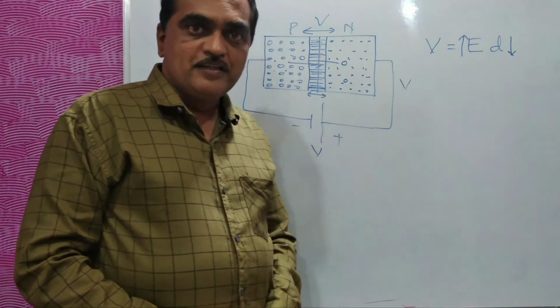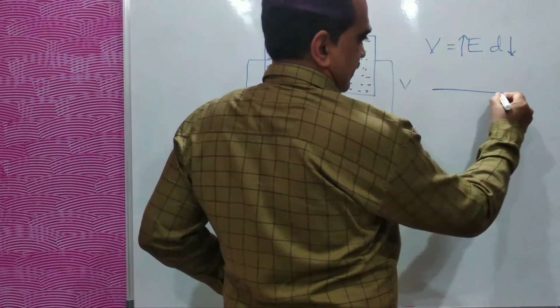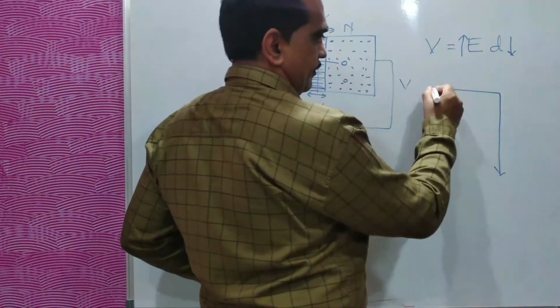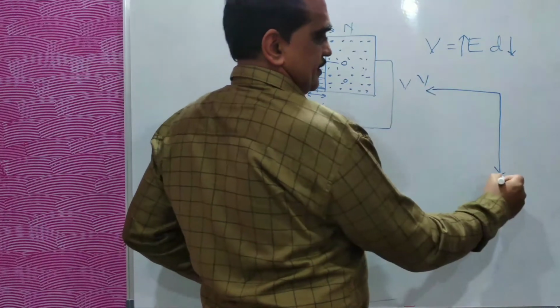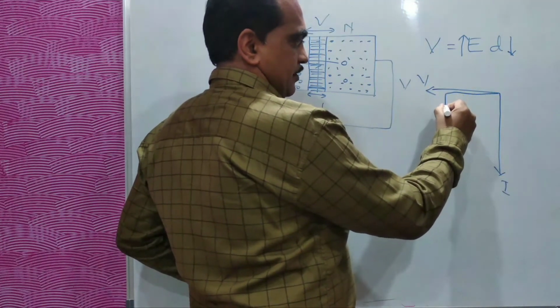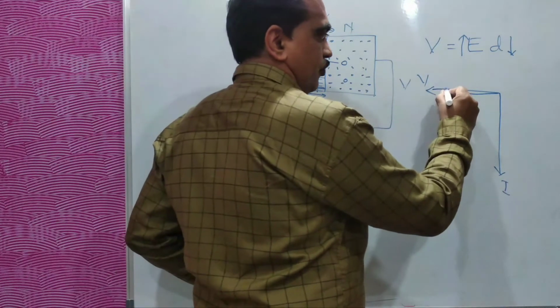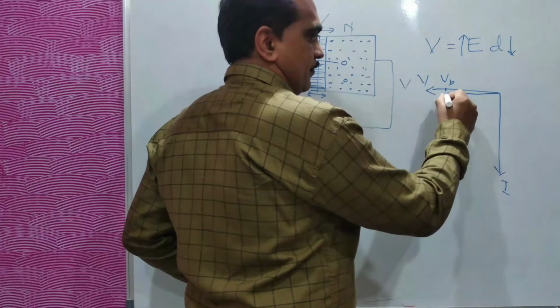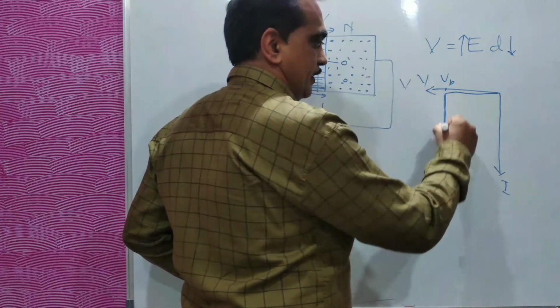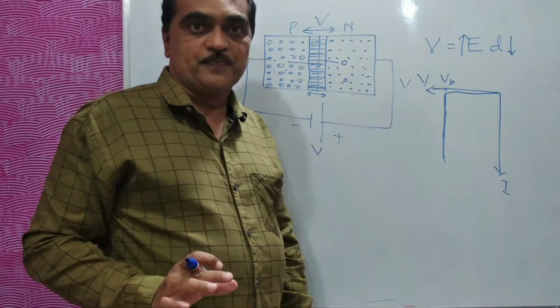Now, if you see the reverse current flowing, you can draw a graph for that. Say this is voltage, this is current. The graph will show you there is a sharp breakdown. This is your breakdown voltage, and the current is increasing while the voltage across the diode remains constant.